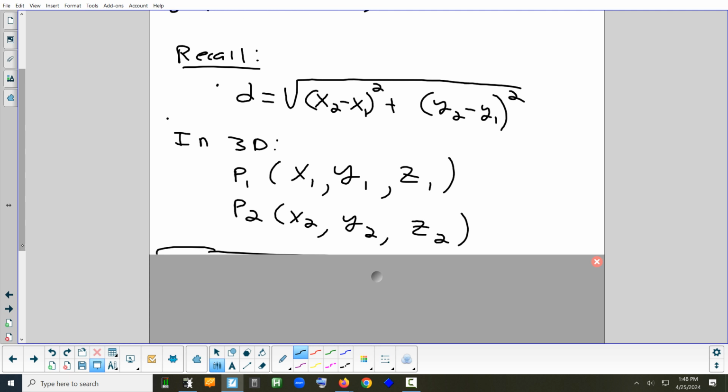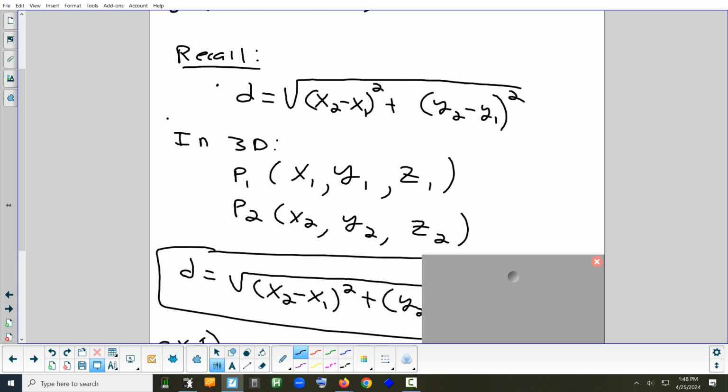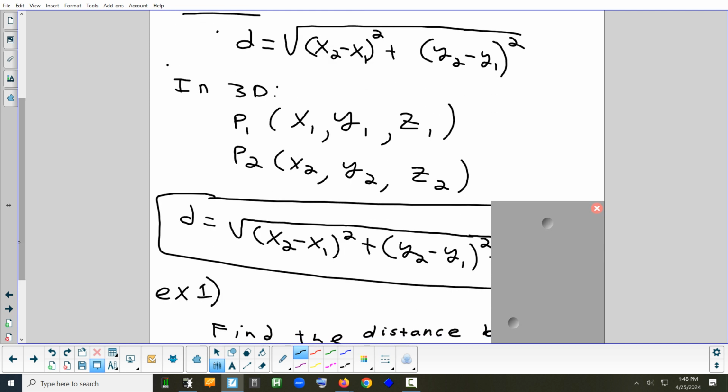The formula to do this in 3D is very similar to the formula in 2D. It starts out the same way, but we have to put one more thing on the end of that formula to extend it to work in 3D. Anybody have a guess what's going to be under the box? z2 minus z1 squared. Yeah, z2 minus z1 squared.